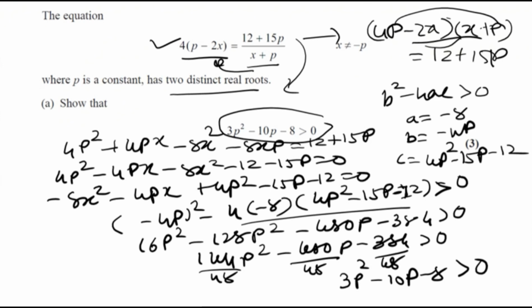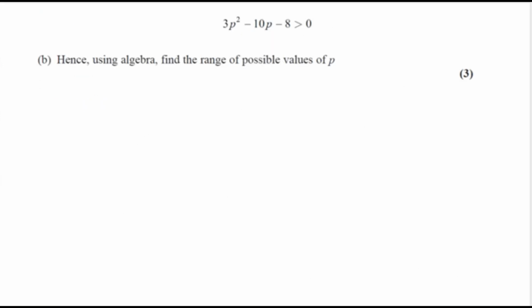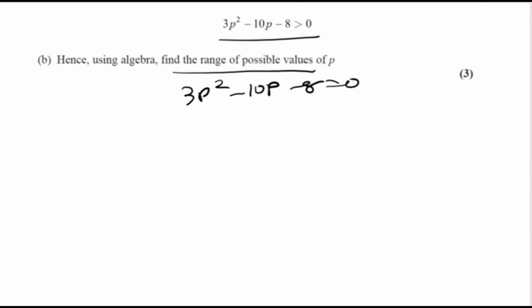Now B part. Okay, let's move to B part. We have this inequality, we proved it in the first part. Now using algebra, find the range of possible values of p. So basically we have to solve this equation. 3p squared minus 10p minus 8 is equal to 0. 8 times 3, 24.